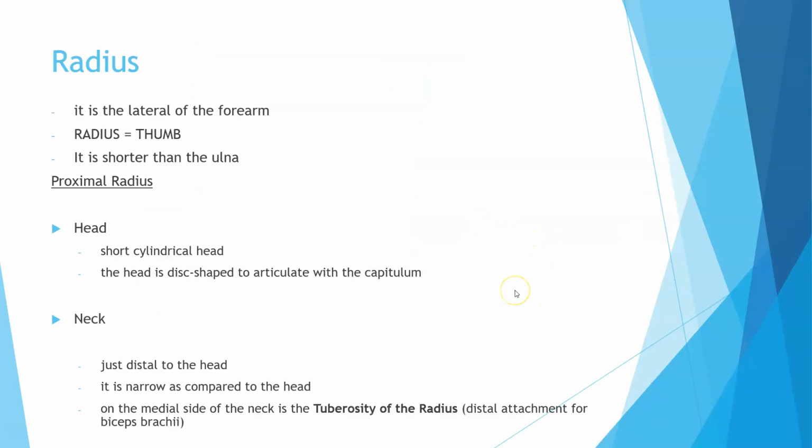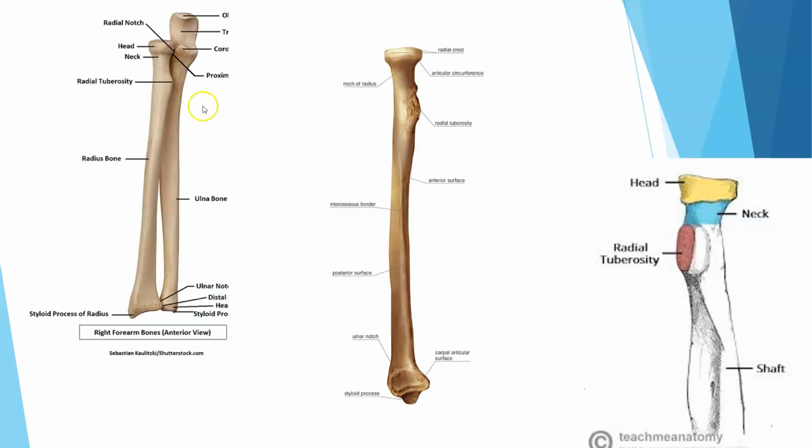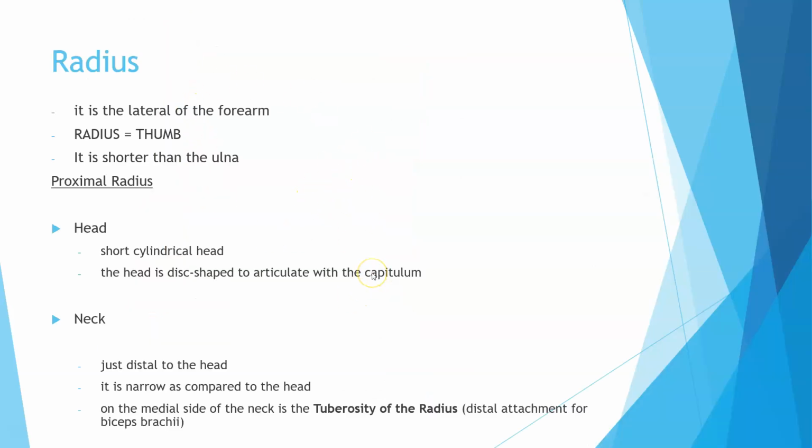The neck lies just distal to the head, and it is a narrowing just distal to the head. We call it the neck because it is narrower, and you can see it here just underneath the radial head. We can see that the neck narrows in right underneath it, remembering that we've got this concavity of the head that articulates with the capitulum.